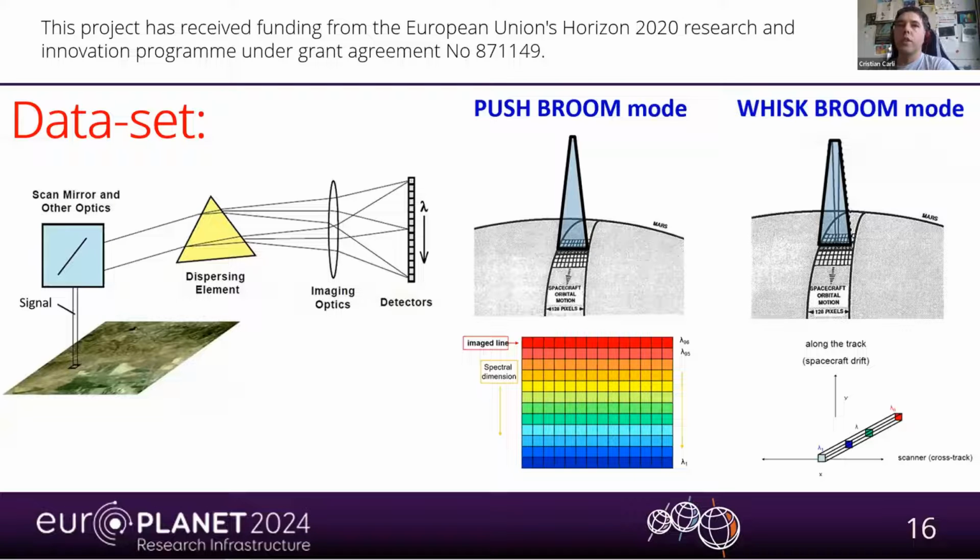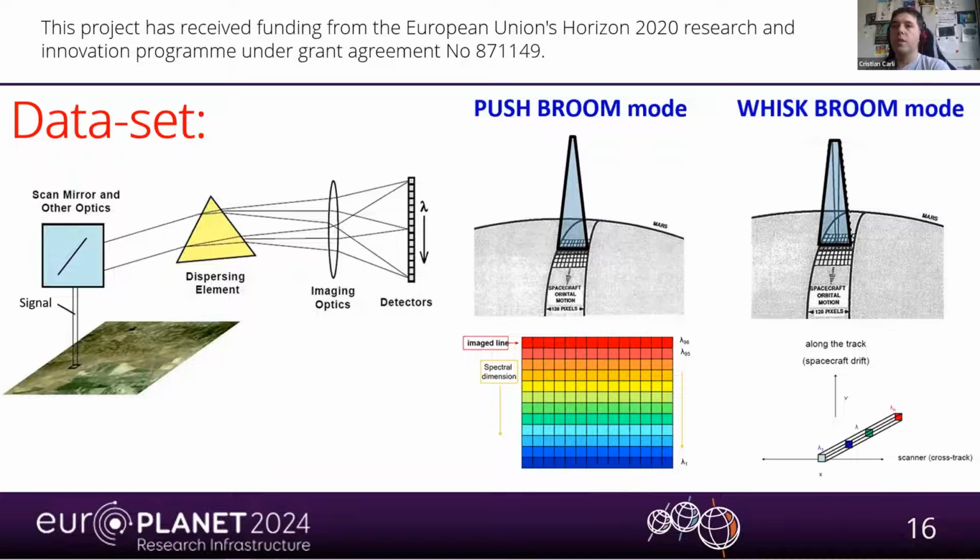This instrumentation often works in two main modes, push broom mode or whisk broom mode. In the first case, we have a line of the image, and moving the instrument with respect to the surface permits us to acquire several lines and so build an XY information. For each line, the second dimension is the wavelength dispersion.